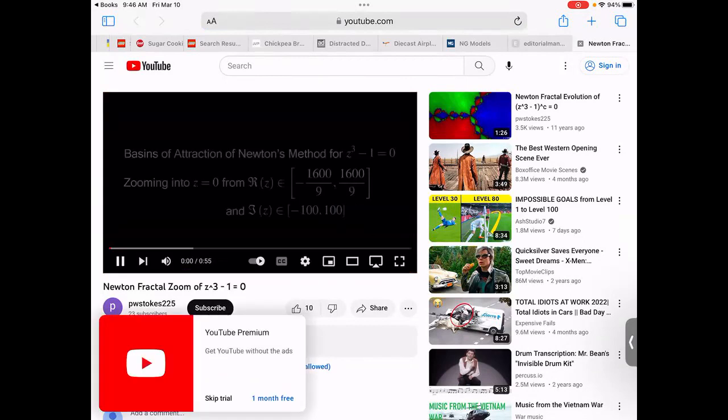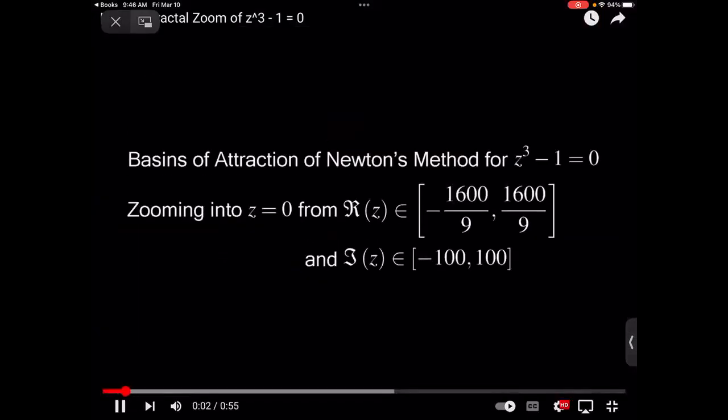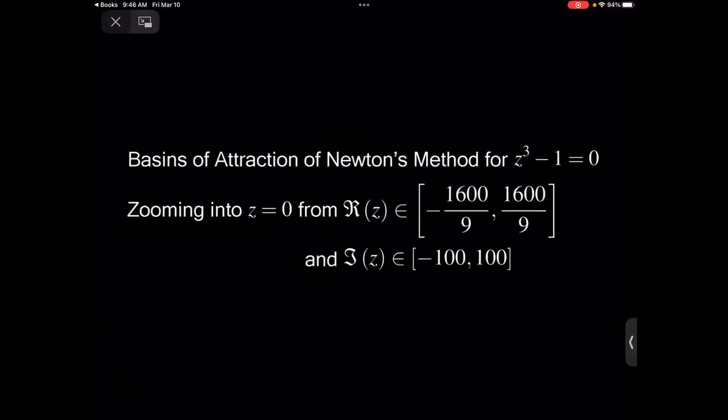All right, so this should be a zoom in of which root we converge to. I'll try to turn off the lights so that it can be seen a little bit. It is an interesting question as to how you compute stuff like this in a reasonable amount of time.